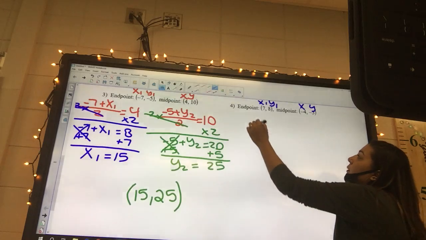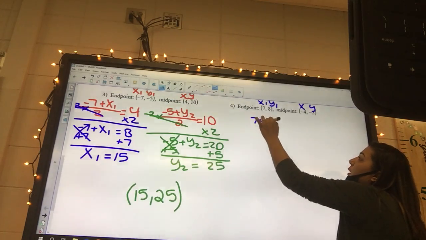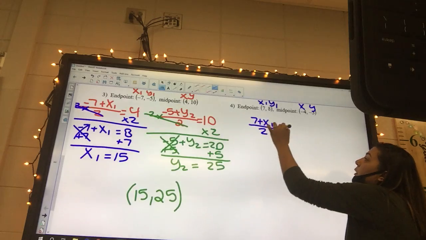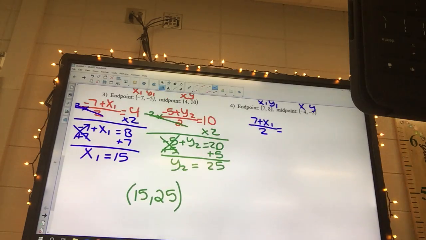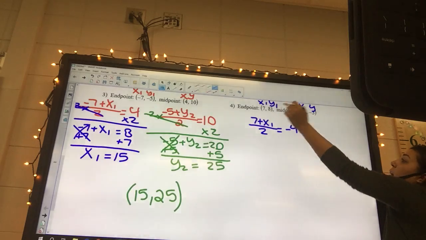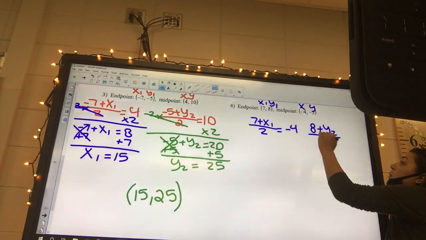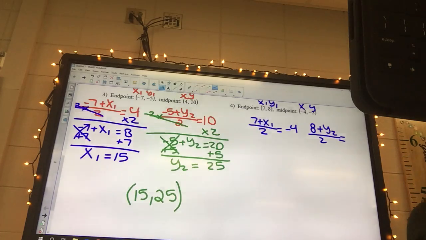Okay, so we got 7 plus x1 over 2 equals, and what are we going to set that equal to? Negative 4. And then we got the y1, so 8 plus y2 over 2 is equal to what? What are we going to set this one equal to? Negative 3.